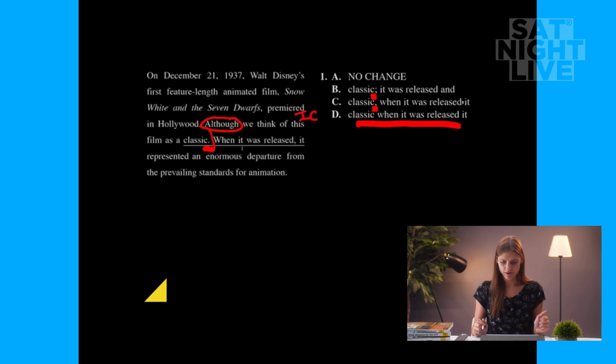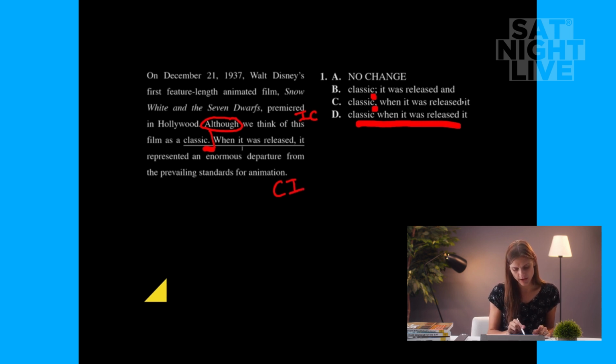Now let's look at the second part. When it was released, it represented an enormous departure from the prevailing standards for animation. Well, that can stand alone. And notice that in your answer choices, some of them have the word when, and choice B only has the word it. So you want to read very carefully, make sure that you don't miss anything.